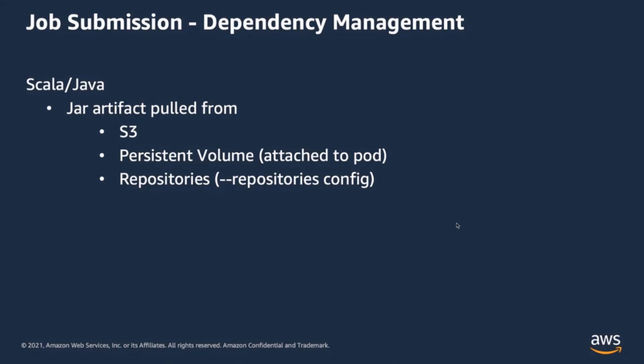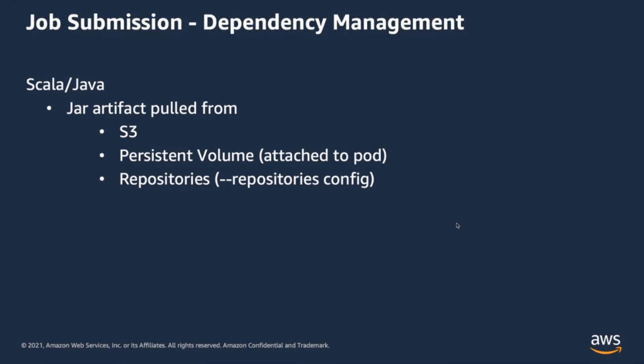So if you want to pull in your application code and dependencies, let's say in case of Scala or Java based Spark applications, you can pull it from S3 by using the s3:// prefix, or you can store them in a persistent volume. So you can leverage all the storage mediums that are supported by Kubernetes, create a persistent volume, and you can use the persistent volume claim to mount them to your Spark driver and executor pods.